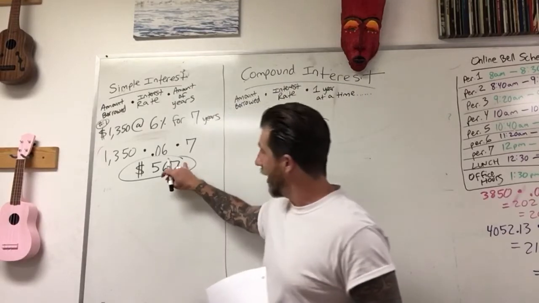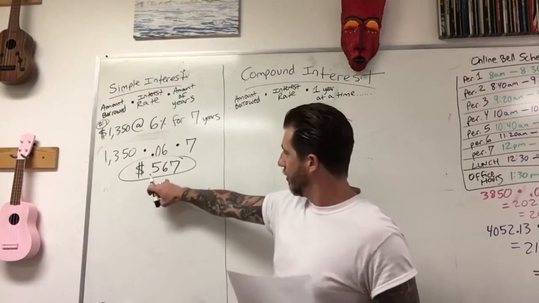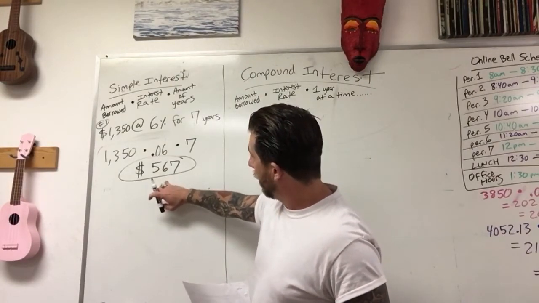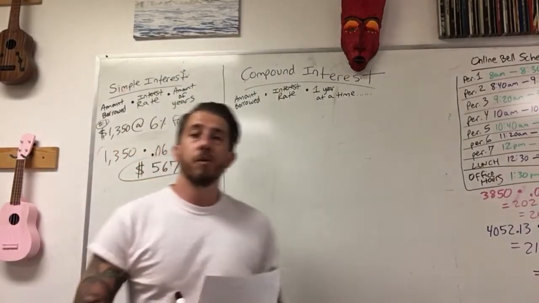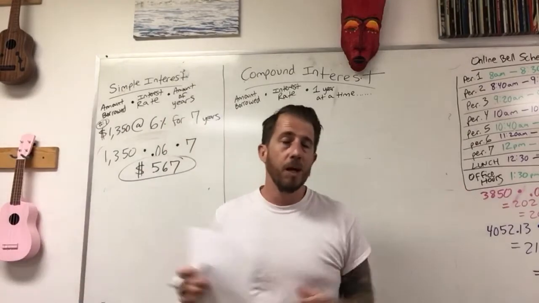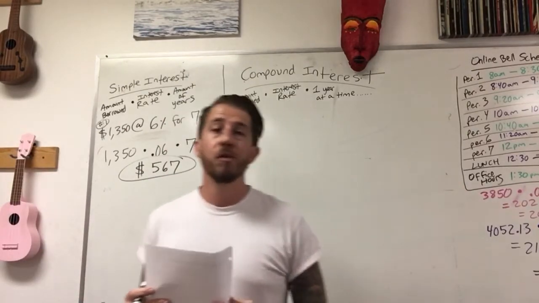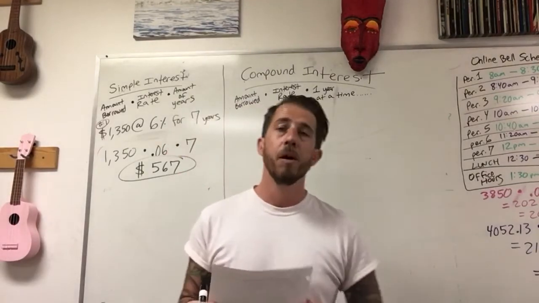But when you're just calculating the simple interest, there you have it. That's your answer. This is the point where you'd want to stop the video and not watch anymore. For those of you moving on to compound interest, let's keep going.